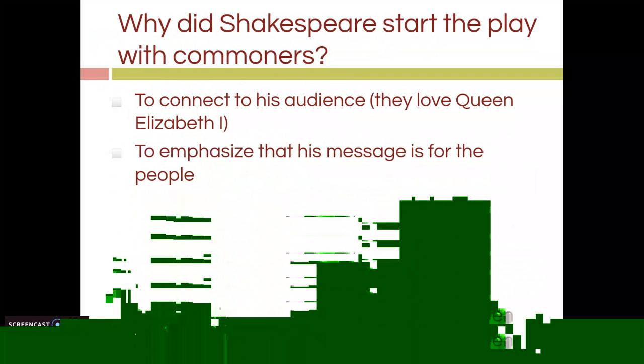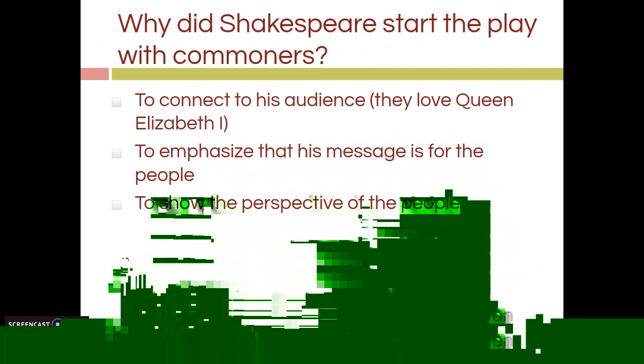And certainly after people would view it, they would probably tell other people, and so that they would come, right? You didn't have to be literate. You didn't have to be rich to be able to buy a book, to be able to read it in the newspaper, okay? It was a play, which is meant to be performed on stage. So it shows the perspective of the people, all right?